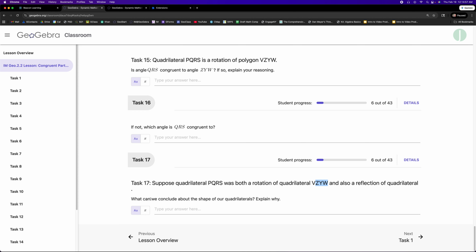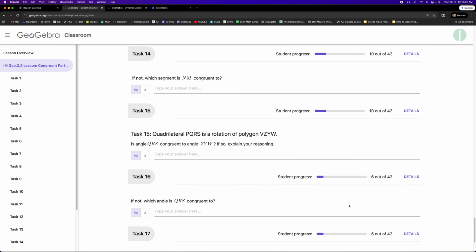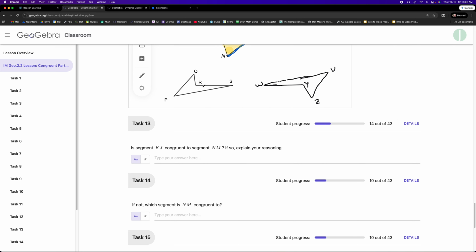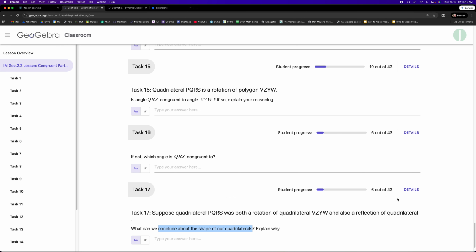Okay? So here we can say that the two quadrilaterals have to be congruent. Well, how do I know that they have to be congruent? Well, because aside from my terrible artwork here, if we do rigid transformations, because we're doing a rotation, that's a rigid transformation. We didn't change the shape. We didn't change the size. And we did a reflection.